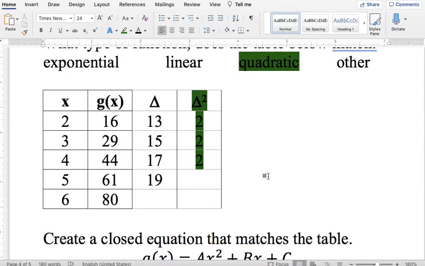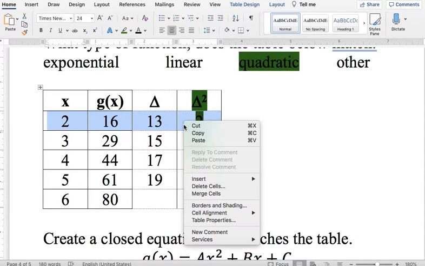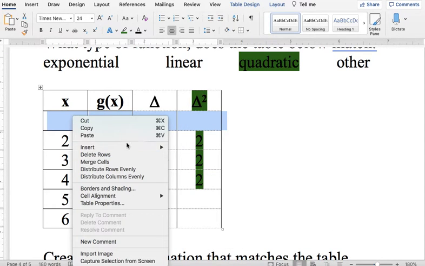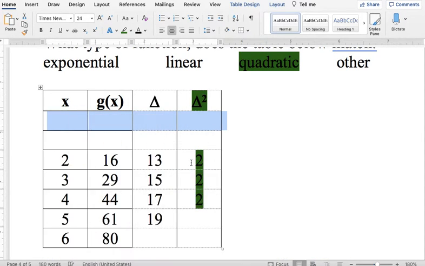Okay. Oh, look, on this particular table, I do not have x equal 0. So what I need to do, I need to go backwards until I get there. So let's insert a row. Cool. Okay. So using this pattern, if this is 6, 5, 4, 3, 2, I notice that this is minus 1, minus 1, minus 1 each time.